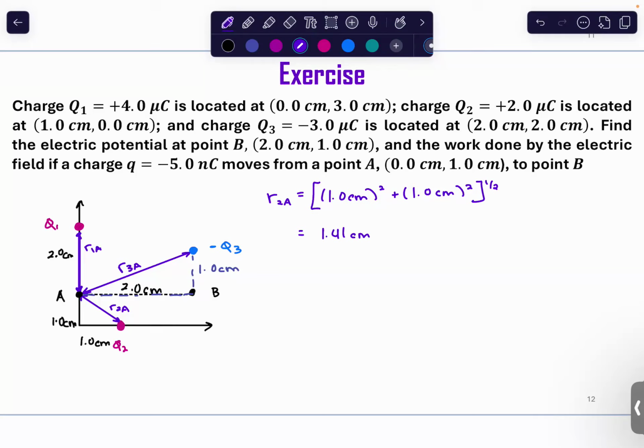I'm calling that 1 centimeter. That's actually the square root of 2.